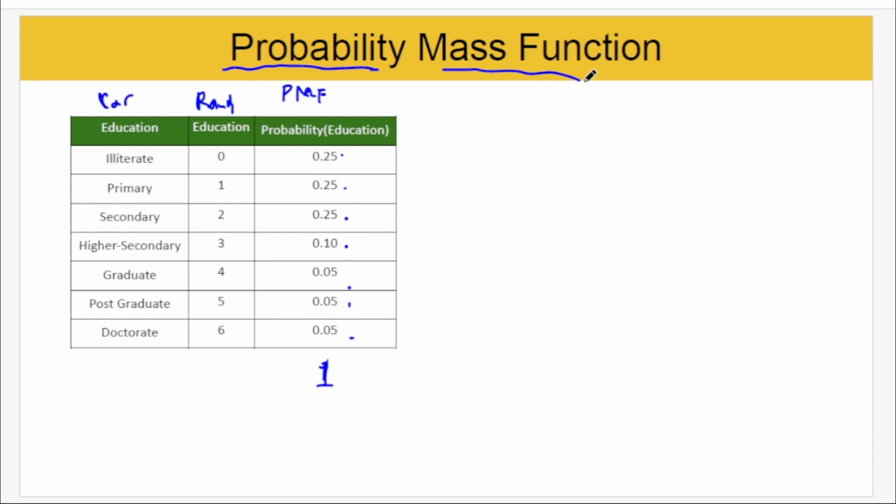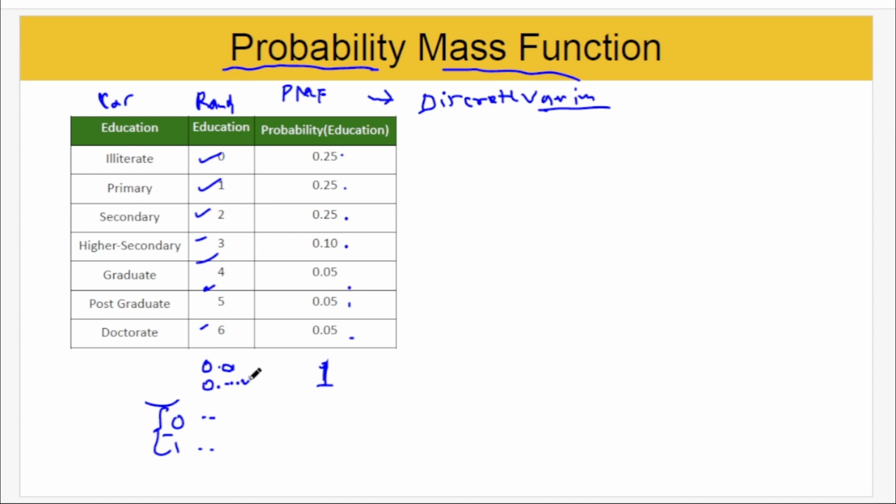Please note here, the probability mass function is defined for a discrete random variable. This random variable education is taking only 7 values, 0, 1, 2, 3, 4, 5 and 6. It is not taking values like 0.01, 0.0001 or 0.6. If it is taking all the values in between 0 to 6, then you cannot write all the values.